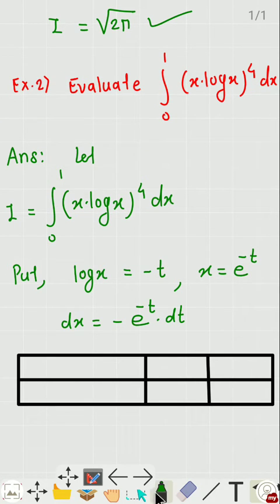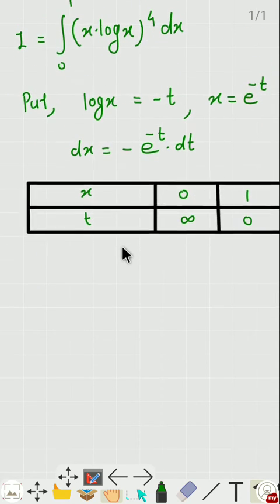Our old variable is x, the new variable is t, and the limits of x are from 0 to 1 and the limits of t are from infinity to 0. So after using these substitutions and new limits, we have a new integration.